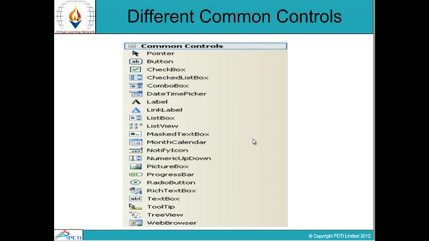Apart from this, we have other controls also, like mask text box, monthly calendar, notify icon, numeric up and down, picture box, progress bar, radio button, rich text box, tooltip, tree view and web browser.